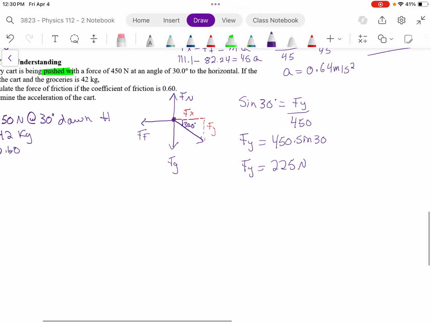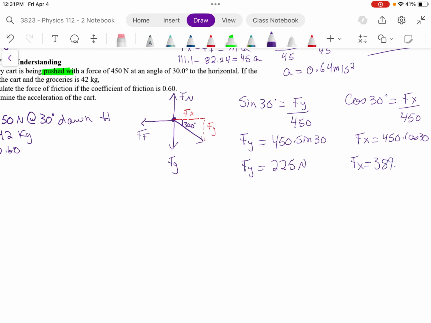We're going to do the same thing to find our horizontal component. The cos of our 30 degrees is equal to our adjacent, which is Fx, over our hypotenuse, which is 450. And so Fx is equal to 450 times cos 30, which is 389.71 newtons.